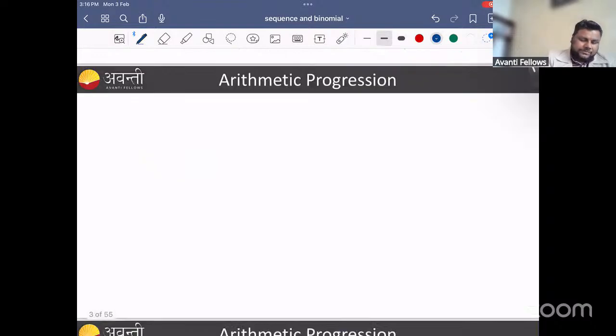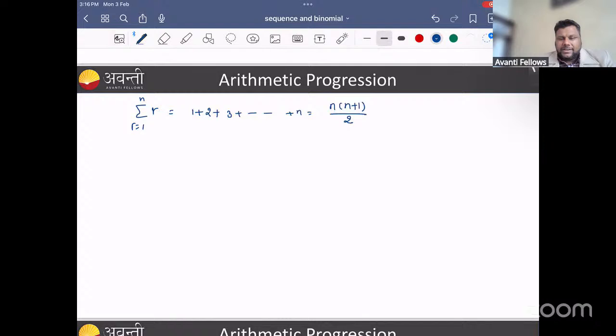Now, a few small things about sigma notation. You all are aware of sigma r, r varying 1 to n. What is it? Basically 1 plus 2 plus 3 up to n. So it comes out to be n into n plus 1 upon 2. Am I clear? Now, sigma r square, r varying from 1 to n, that is 1 square plus 2 square plus 3 square up to n square.